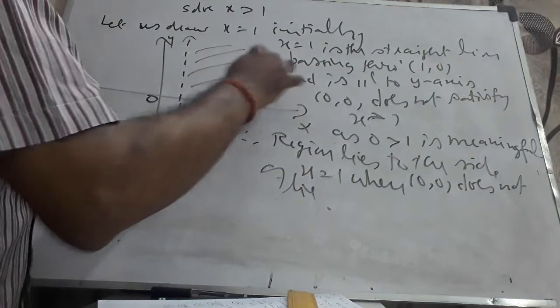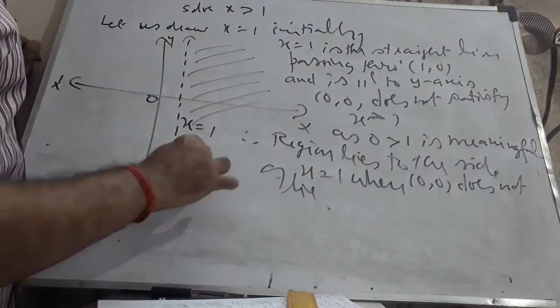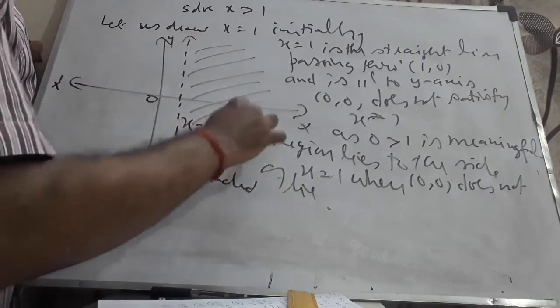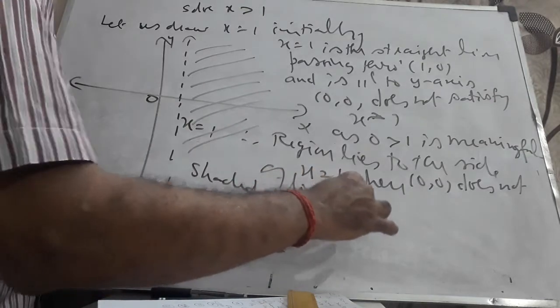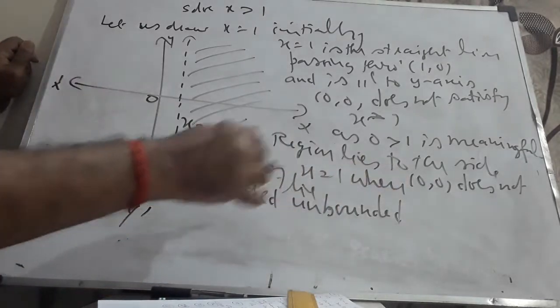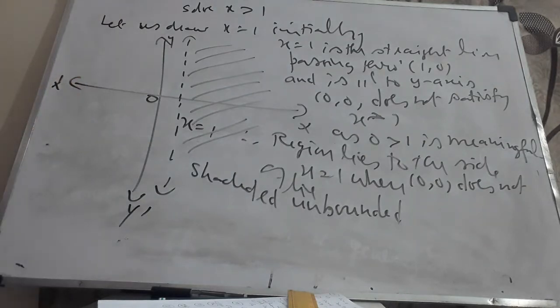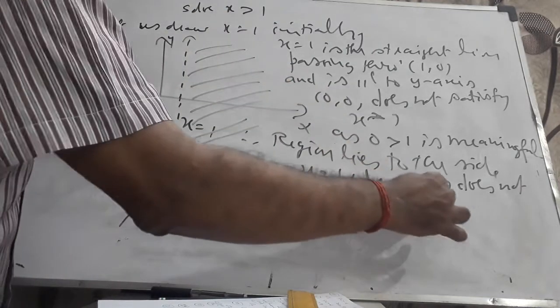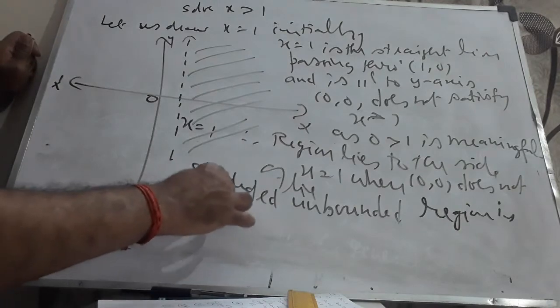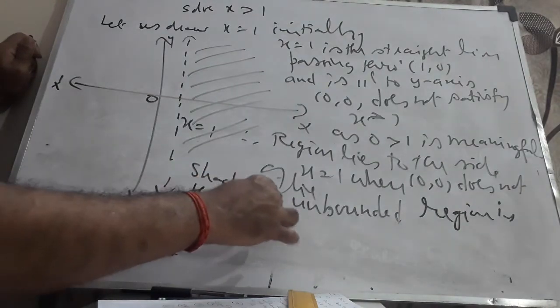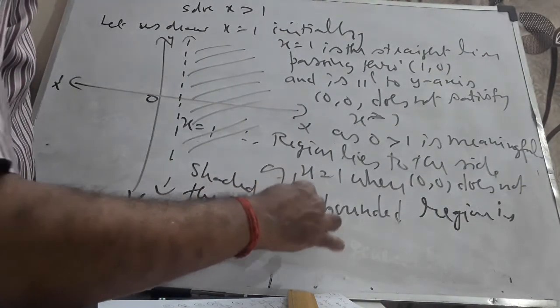Therefore, the shaded unbounded region is the required region. Unbounded means there is no fixed area. That's the meaning of unbounded region. Any point lying this side will satisfy the inequation.